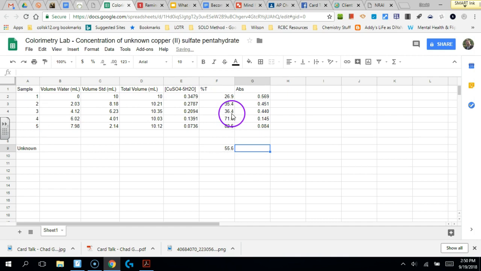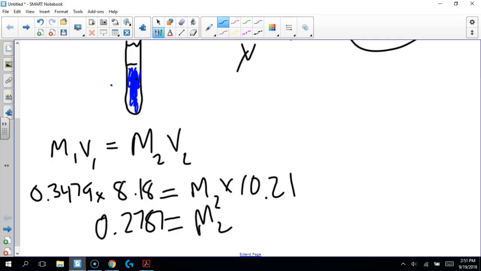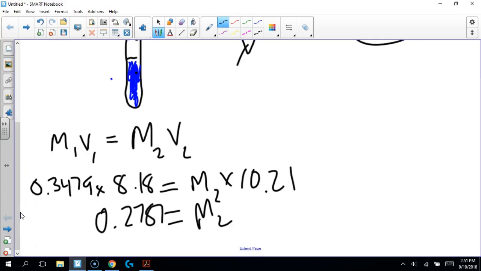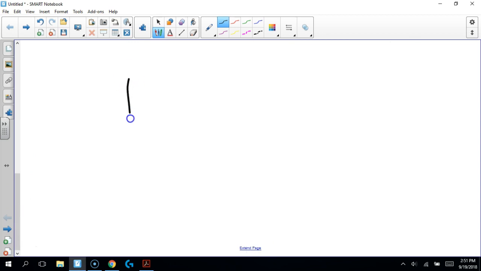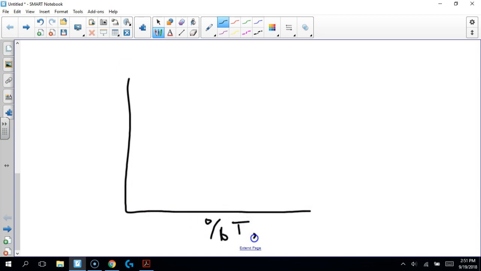Okay, so here's what I'm going to do. I want to plot %T versus concentration. I think I may have told you incorrectly in class. What it should be is a scatter plot with %T here, or absorbance. It doesn't matter which.